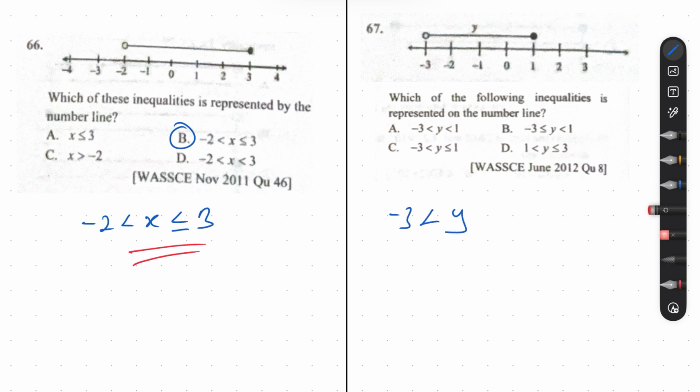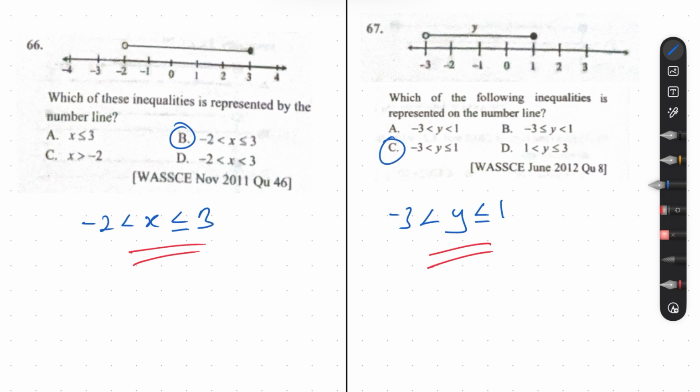Then the other side here is inclusive, so that means 1 is inclusive because this side is what? Shaded. And how do we represent inclusive? Less than or equal to, okay, 1. So this is our solution. -3 less than y less than or equal to 1, which is C. Okay, cool. So let's echo C.